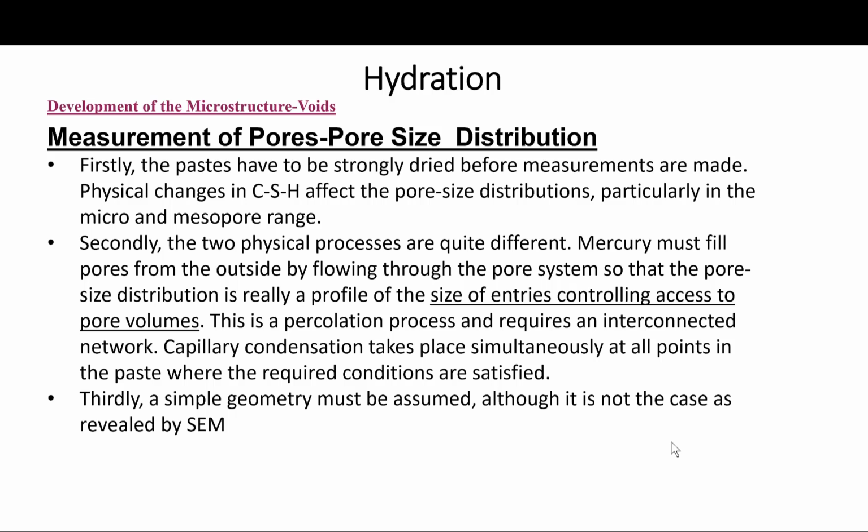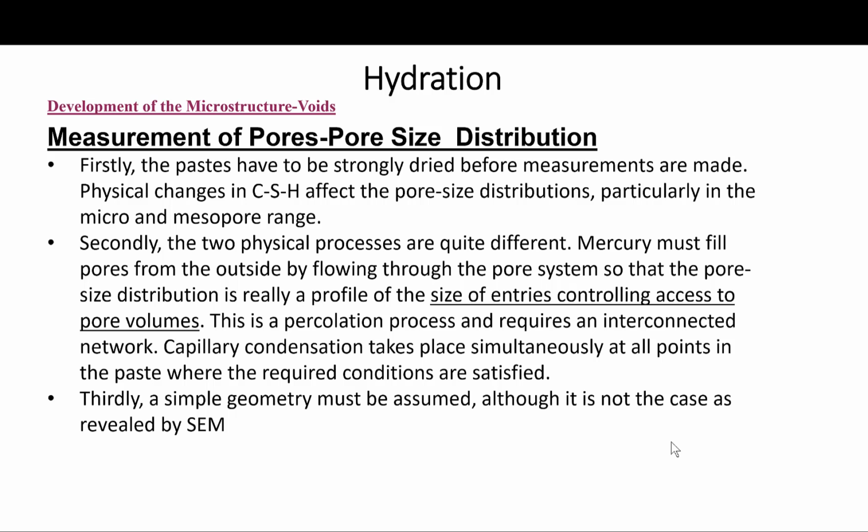Mercury must fill the pores from the outside by flowing through the pore system, so that the pore size distribution is really a profile of the size of the entries controlling access to pore volumes. This is a percolation process and requires an interconnected network.